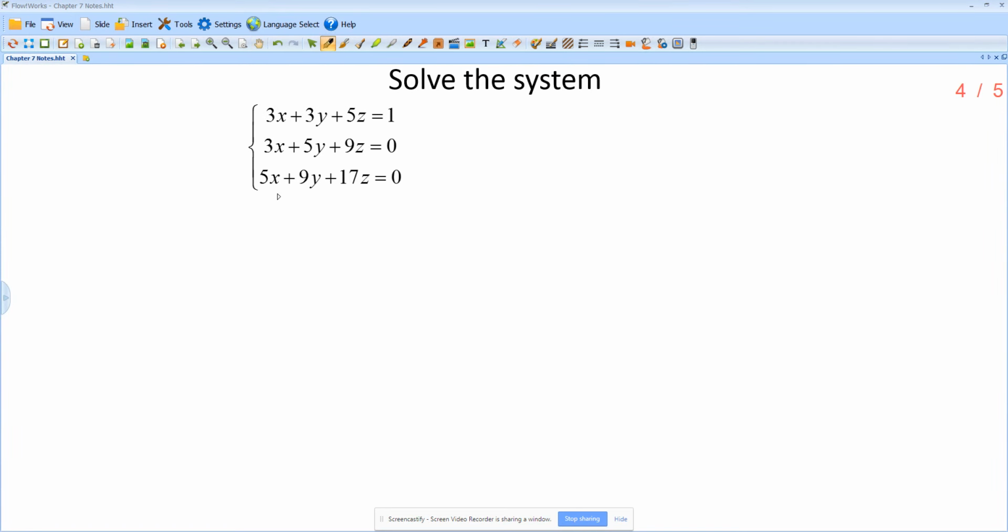Looking at what I want to eliminate, it doesn't really matter. I'm going to go with the x's because I already have a 3 and a 3. So if I'm looking at just these top two equations, I am going to subtract. 3 minus 3x would cancel. 5 minus 3 is 2y. 9 minus 5 is 4z.